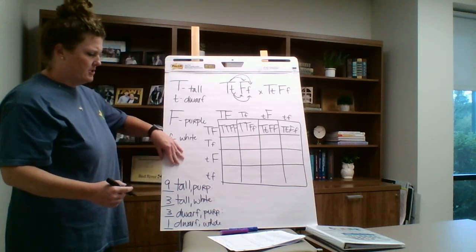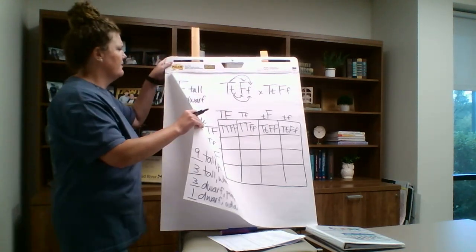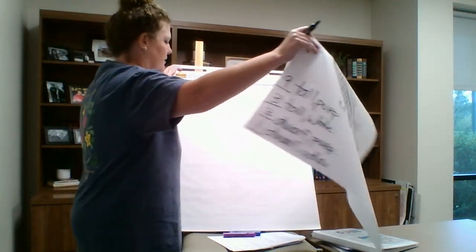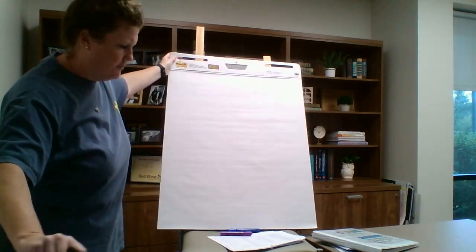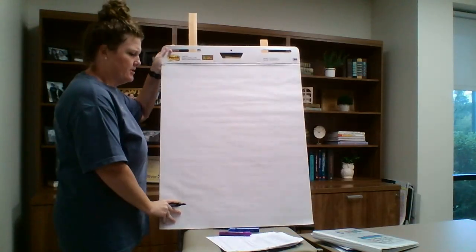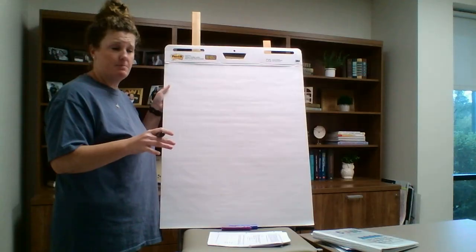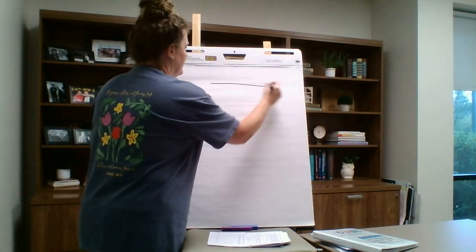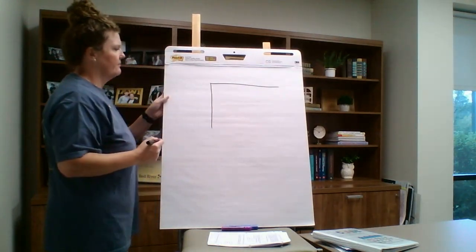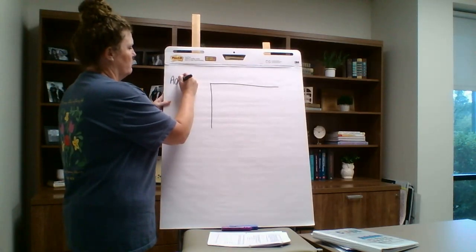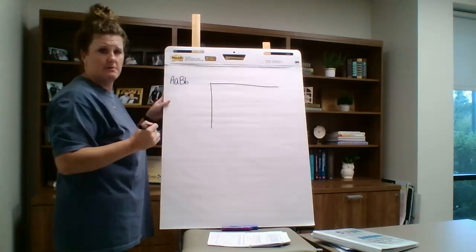Now, I do just want to quickly show you that you can do a shortcut. All right, so we're not going to do another example problem, but I just want to show you that you don't always necessarily have to fill out every box, and this is completely acceptable. So let's say that I have my Punnett square, all right, and let's say parent number 1 was recessive, okay?